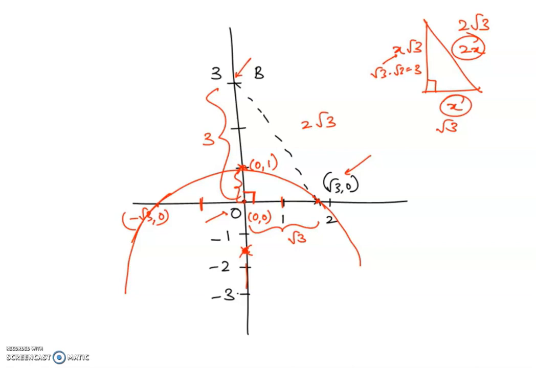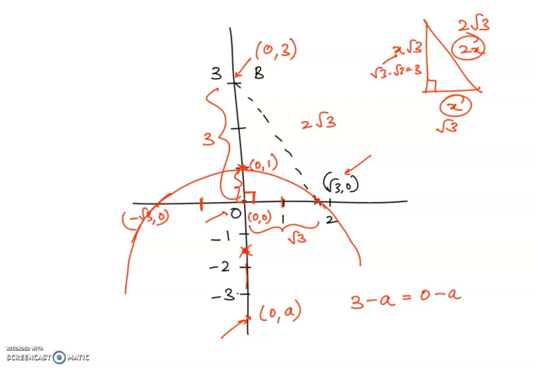Now we can also find another point in this, so let's call that 0, a, and we want to satisfy the same condition. So the distance from 0, 3 would be 3 minus a, and this distance from the origin would be 0 minus a.